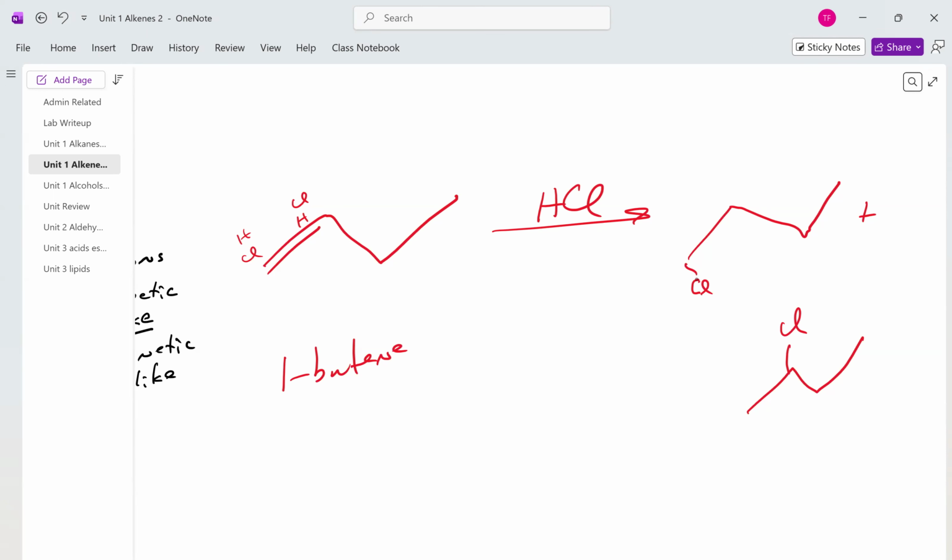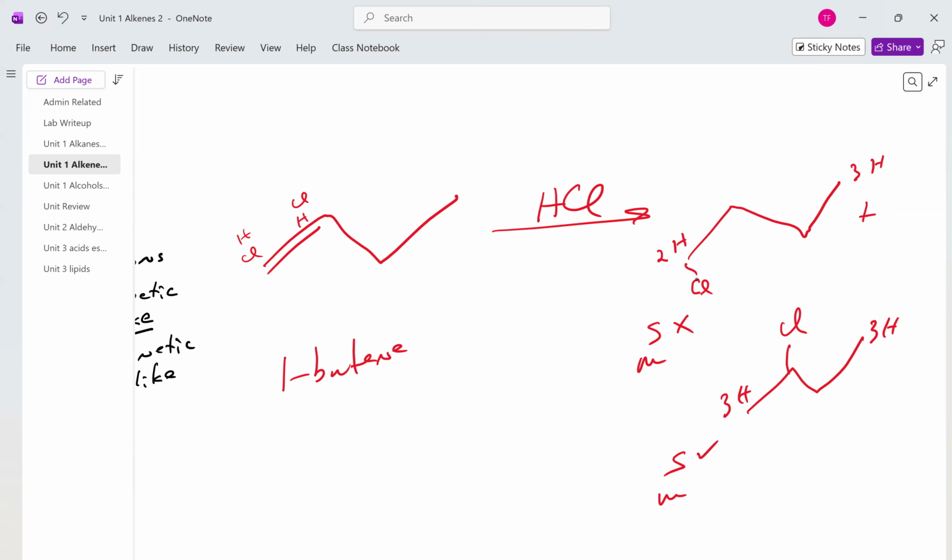Okay, so let's look at symmetry. And we're going to look at Markovnikov. Which is more symmetrical, top or bottom? Bottom. I agree. Okay, what about Markovnikov? We got three H's here, two H's there, three H's here, three H's there.